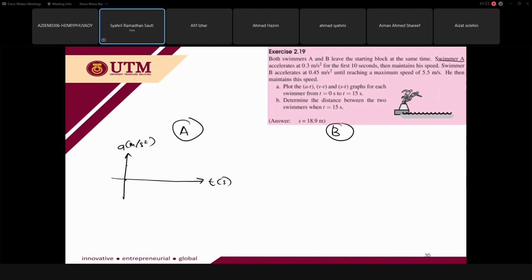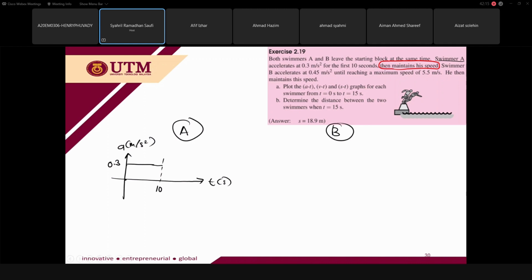So it starts from 0, then it accelerates at 0.3 meter per second squared for the first 10 seconds, and then maintains his speed. Maintaining his speed means a constant velocity.